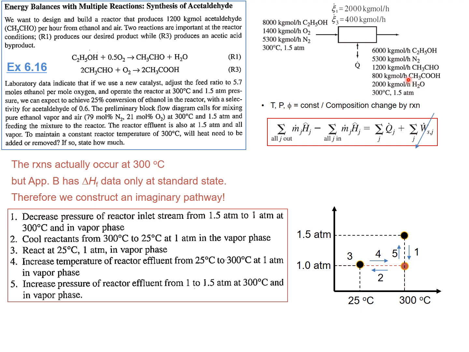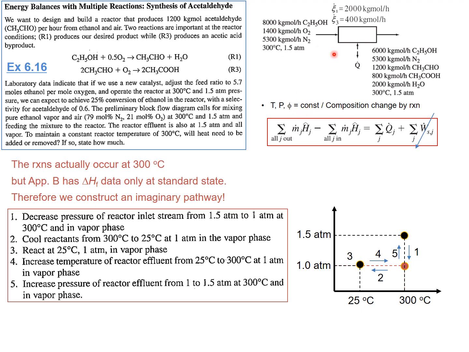Question is, is heat required or should heat be extracted from the reaction? So we should calculate the Q term. Through the process, temperature is constant, pressure is constant, and phase is constant.